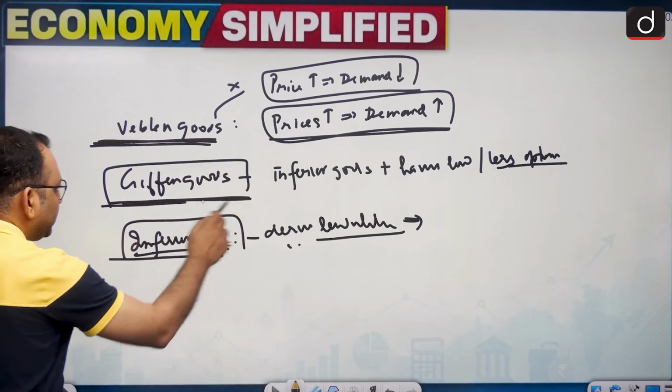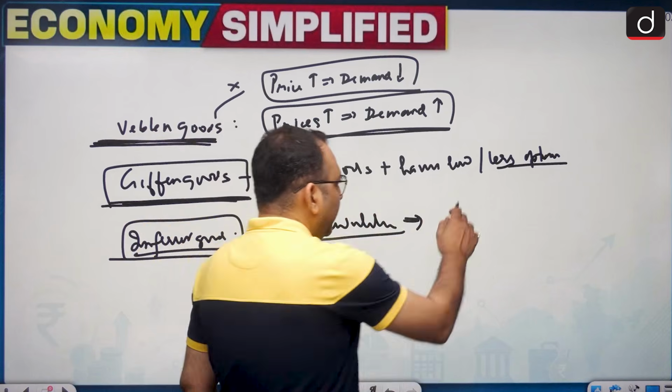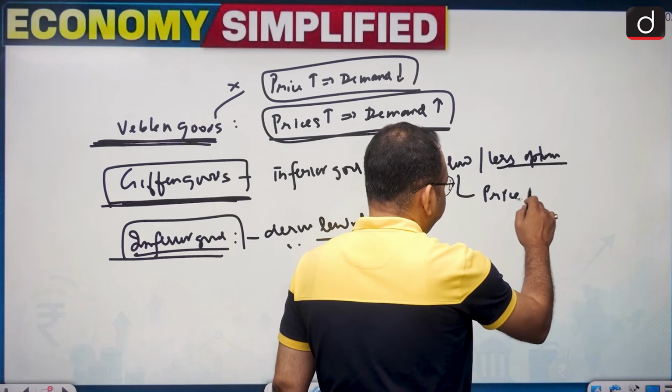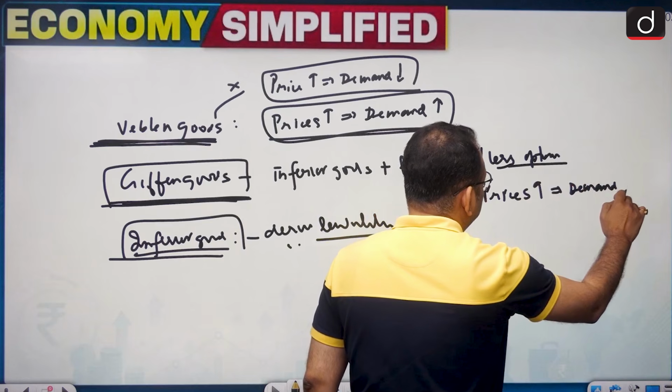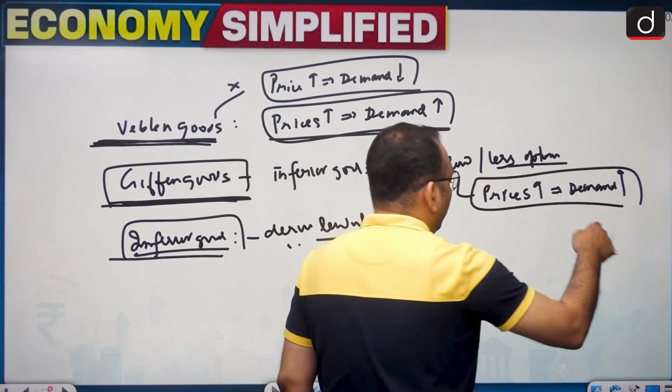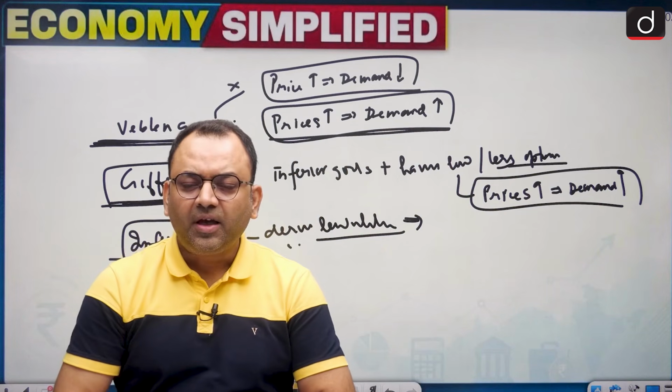They are the inferior goods having low options. As a result, whenever their price increases, the demand increases because other options are much costlier. People fall onto the inferior goods in case of inflation.